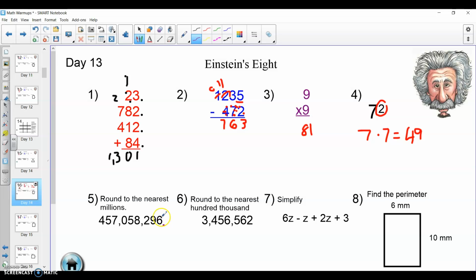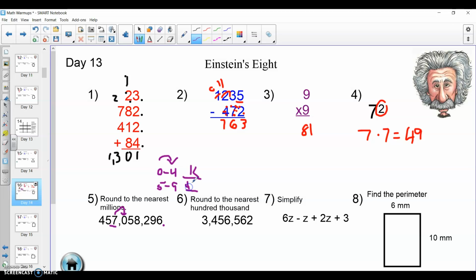Every number has decimals. Ones, tens, hundreds, thousands, 10,000s, 100,000s. Here it is. The rule states look at the neighbor. And if the neighbor is 0 through 4, the underlying number you keep. And if it's 5 through 9, you don't be shy. You add 1.